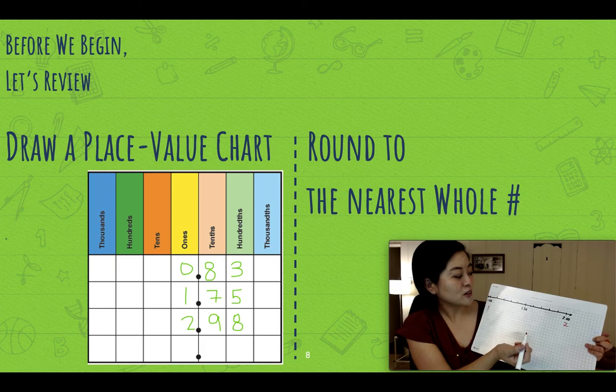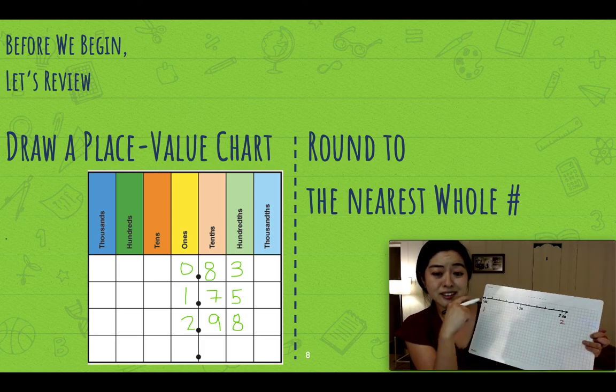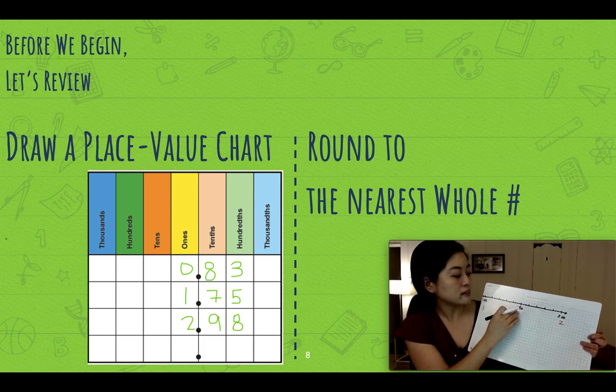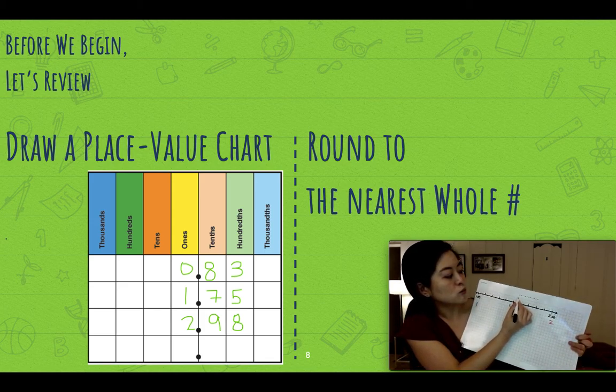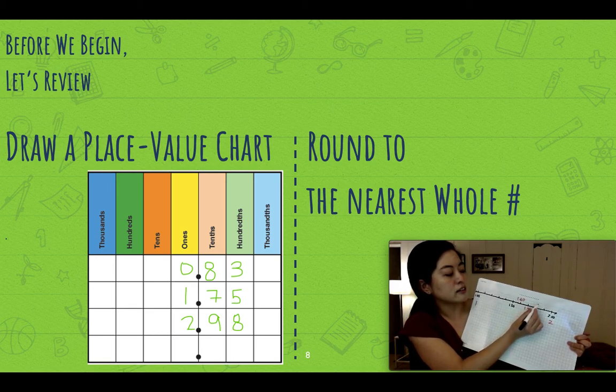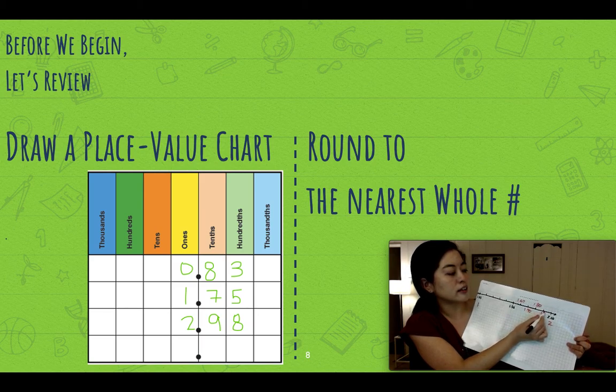Okay, so let's see, 1.75. Here this is 1 and 50 hundredths. This is 1 and 60 hundredths. 1 and 70 hundredths. 1 and 80 hundredths. 1 and 90 hundredths.